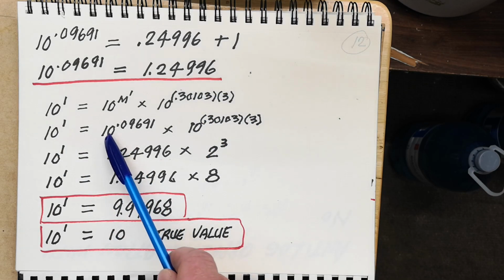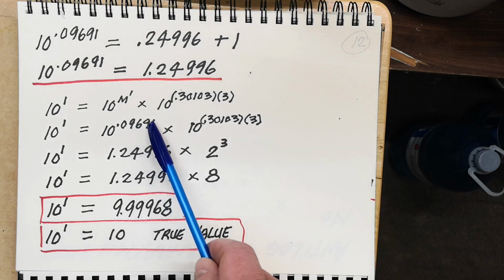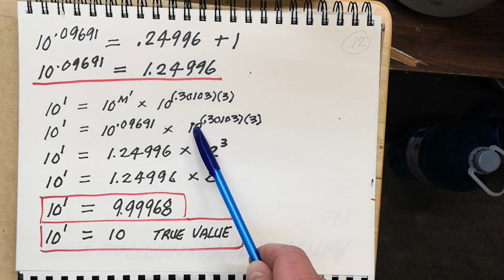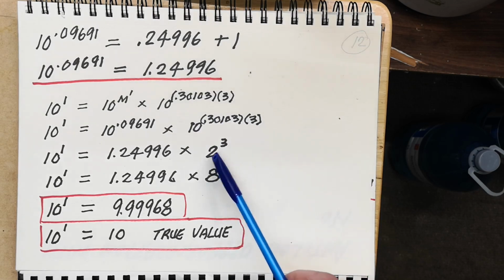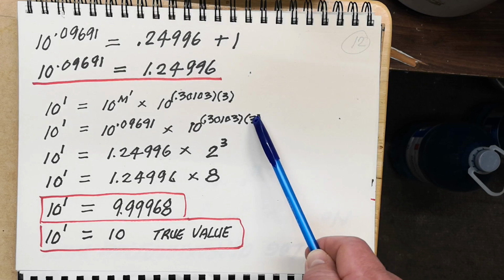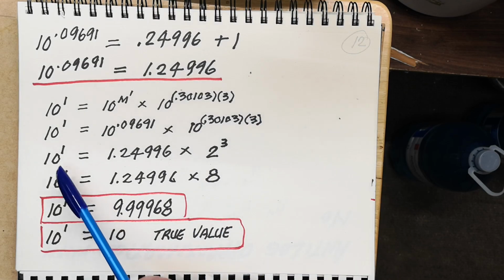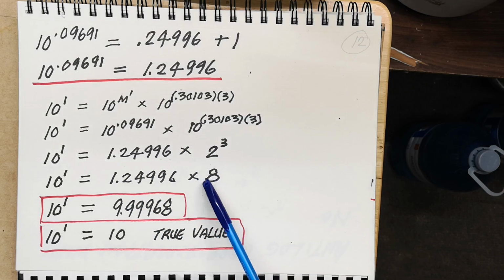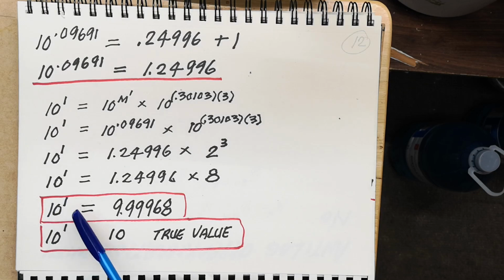That is 10 to the 0.09691 times 10 to the 0.30103 times 3, where 10 to the 0.30103 is equal to 2. So it's equal to 2 raised to the third power, which is 8. So 10 to the 1 is equal to 1.24996 times 8, approximately 9.99968. Of course the true value is 10, so this is also pretty close.